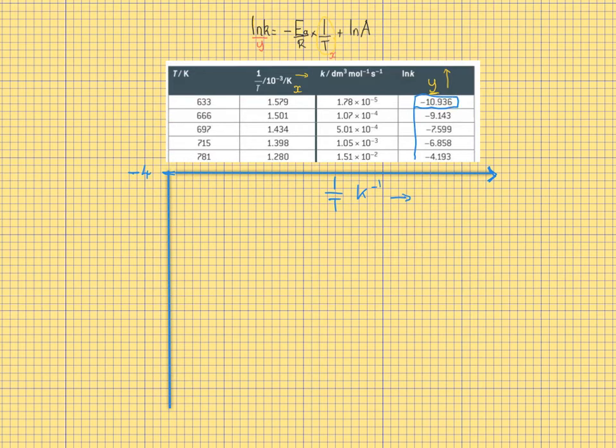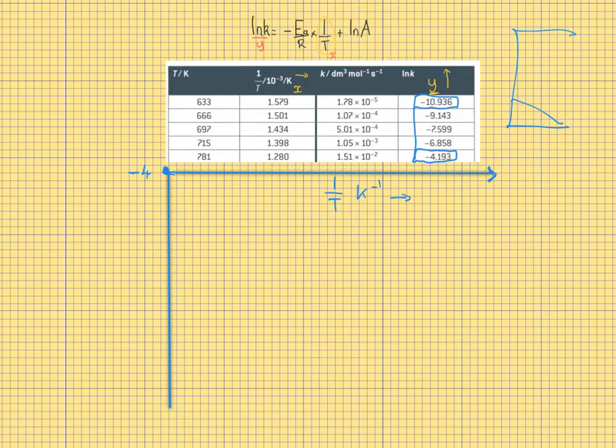It's not, it's the smallest value. And notice that ln K doesn't start at 0. So there is no reason why your y-axis should start at 0, because otherwise you're going to end up with all of your data scrunched up into one very small portion of the graph like this.